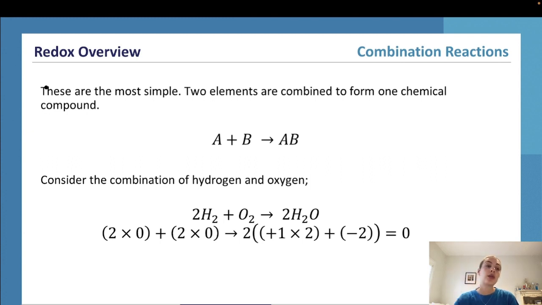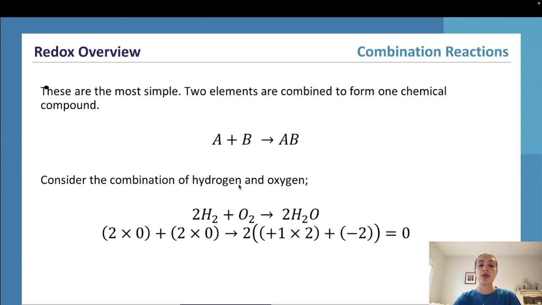And then we know based on rule 6 that oxygen is going to have its oxidation number of -2. So we've got +2 and -2, and that gives us 0 overall. And so when we consider that, that tells us that water has an oxidation number of 0, oxygen has its oxidation number of -2, and hydrogen has its oxidation number of +1 per atom.